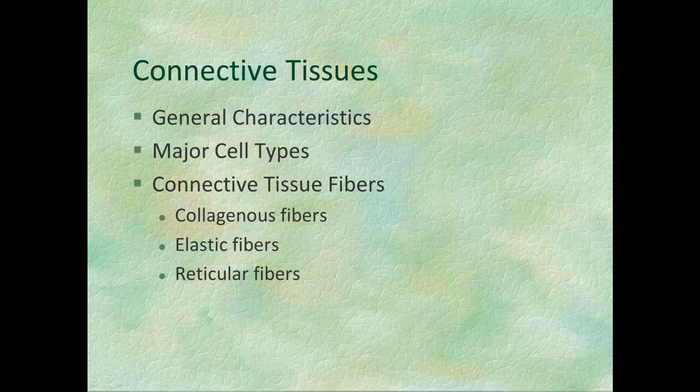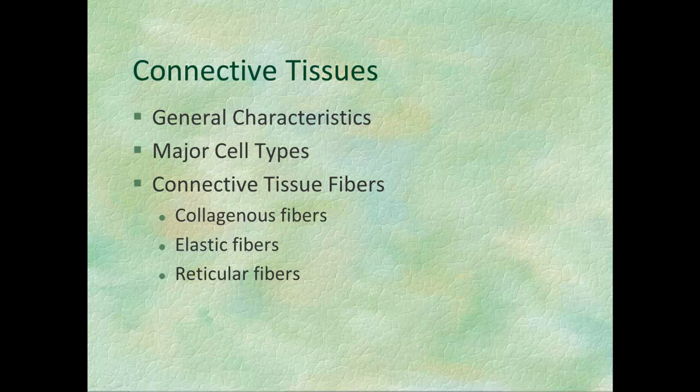And again, as you might expect, elastic fibers are found in areas where a lot of stretch happens. The tissues have to be able to deal with lots of stretching. For instance, in the lungs, as you breathe, the tissue stretches. Your skin stretches as you move. Blood vessel walls increase and decrease in diameter, so you have to have stretch there. So elastic fibers give the matrix a rubbery, resilient quality.